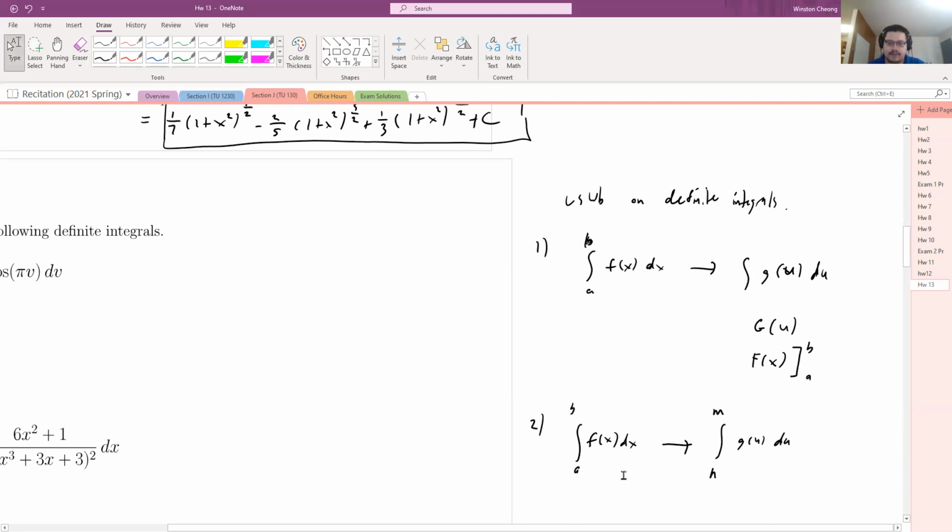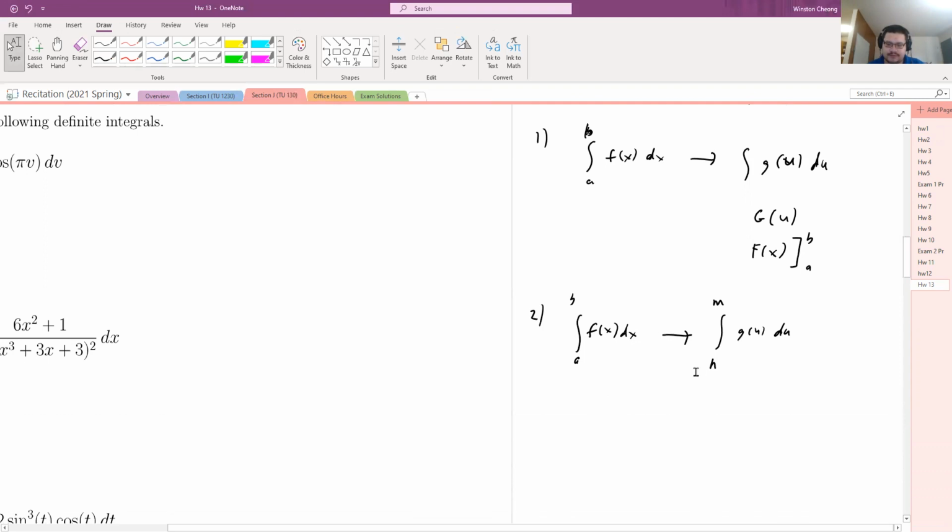Because you can convert those limits over, you would then be able to calculate the antiderivative and evaluate in the u world. So these are the two different approaches. One way we evaluate in the x world, the other way we evaluate in the u world. And really, they're equivalent to one another, so you should expect to get the same result.